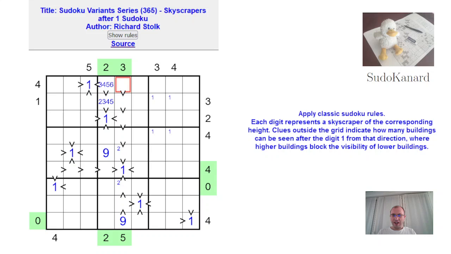So the question arises as to where 8 goes in this column. Could be here, could be here, and both seem to work. And actually this also seems to work regarding this.